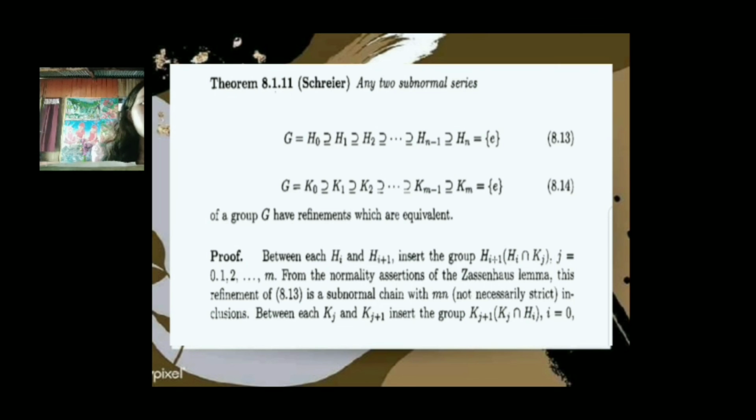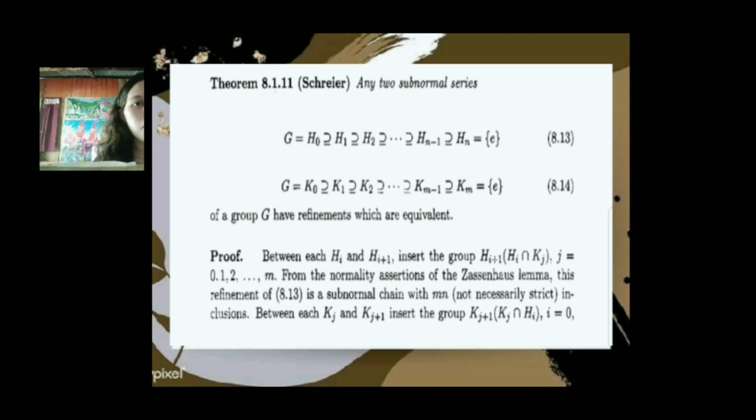Proof. Between each Hᵢ and Hᵢ₊₁, insert the groups Hᵢ₊₁(Hᵢ ∩ Kⱼ), j = 0, 1, 2, ..., m. From the normality assertion of the Zassenhaus lemma, this refinement of 8.13 is a subnormal chain with mn not necessarily strict inclusions.